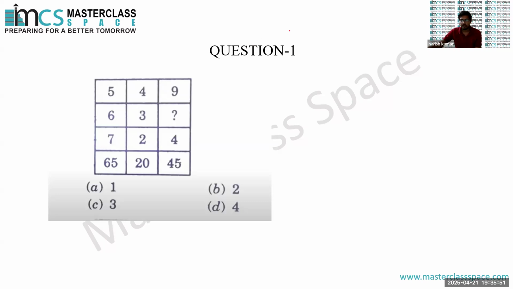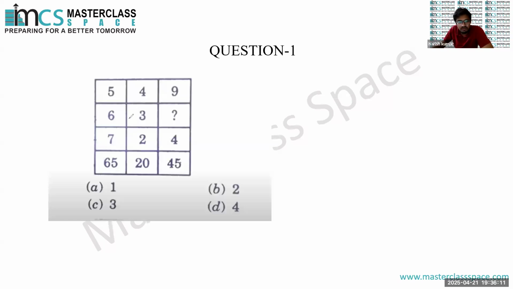Let's see how you have to proceed. The first thing is to sum up all the numbers. 5 plus 6 is 11, 11 plus 7 is 18. Is there a way to go from 18 to 65? There is no way. Same with 4 plus 3 is 7, 7 plus 2 is 9, so there is no way.